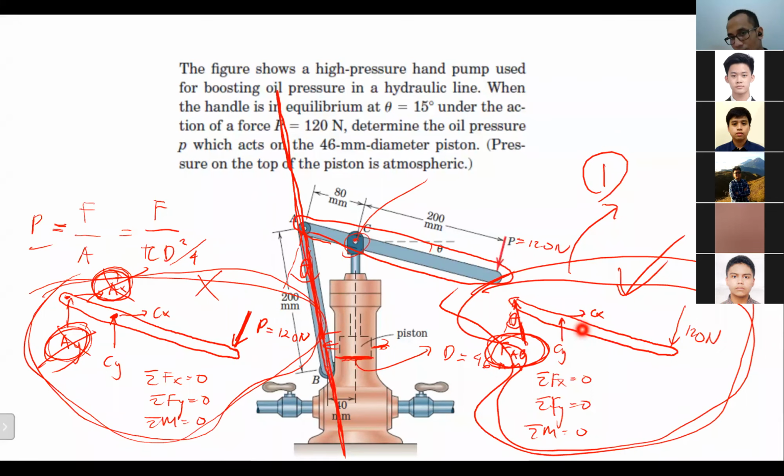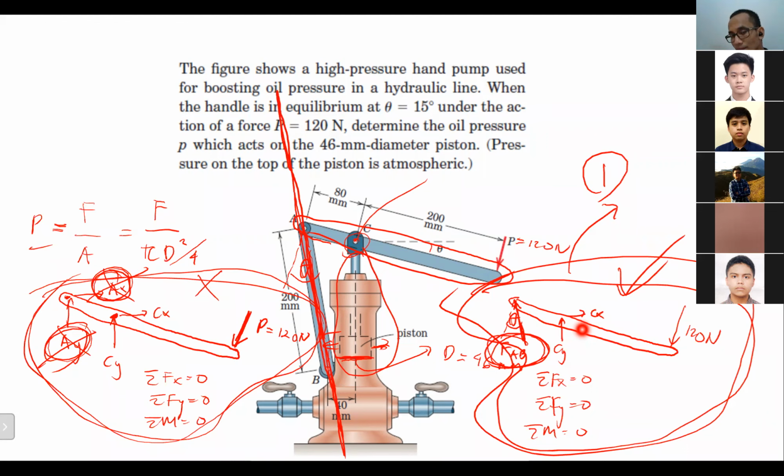So most likely, this particular member is not a two force member. If that member is not a two force member, I cannot assume at point C only one force. So I have to draw it as CX and CY. Do you get it, Matthew?